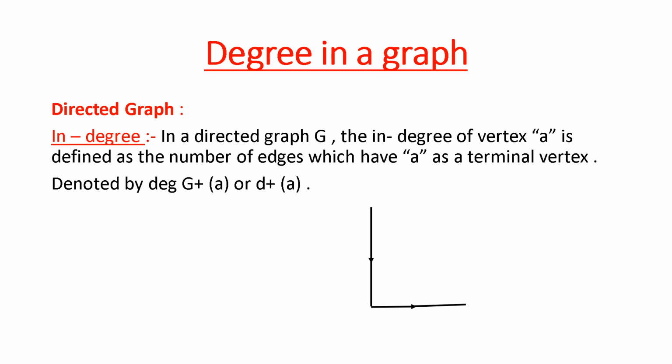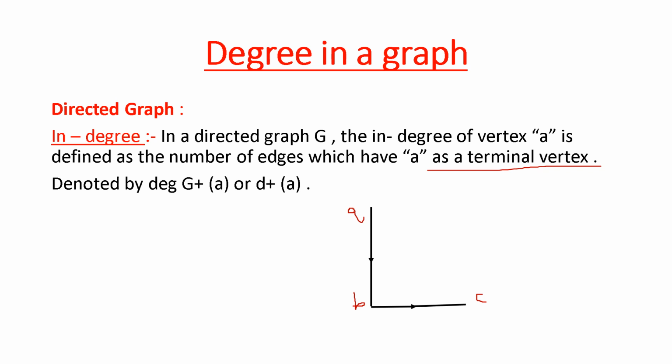Firstly, in degree. In a directed graph G, the in degree of a vertex A is defined as the number of edges which have A as a terminal vertex, which is denoted by degree G plus A or D plus A. For example, this is a graph with vertex A, B, and C, right?